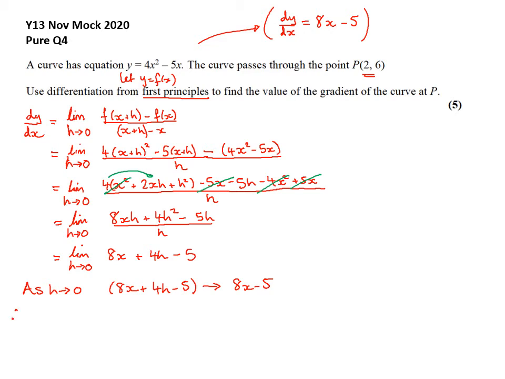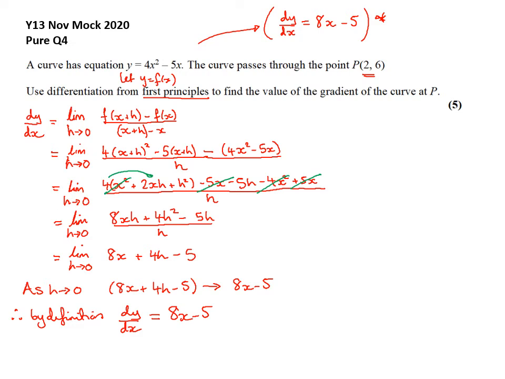So therefore, by definition, when I take that limit, dy dx is equal to 8x minus 5. I don't need to write that limit anymore, but I must write that statement above it first. Okay, and as we can see from what I already knew, that's what I was expecting my gradient function to be.